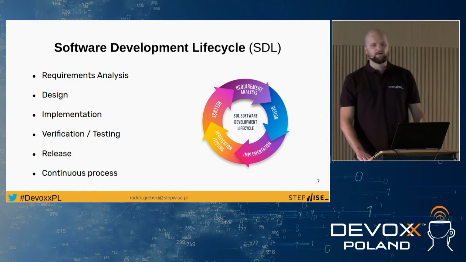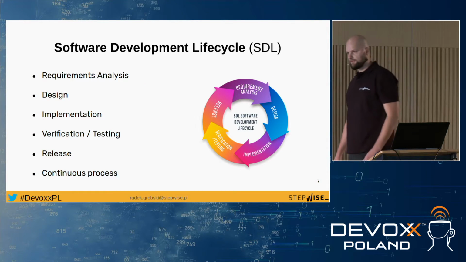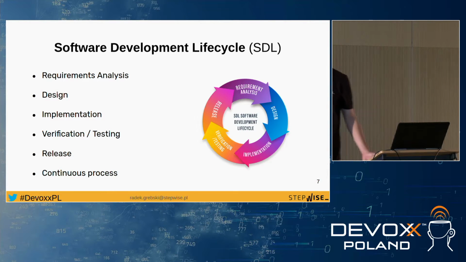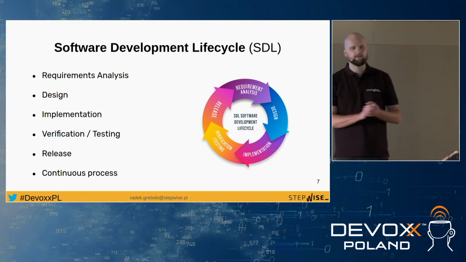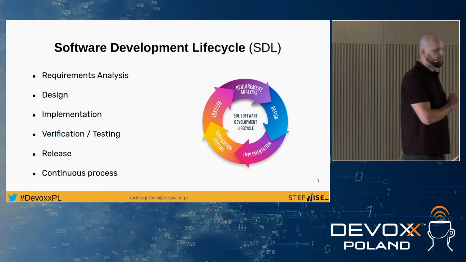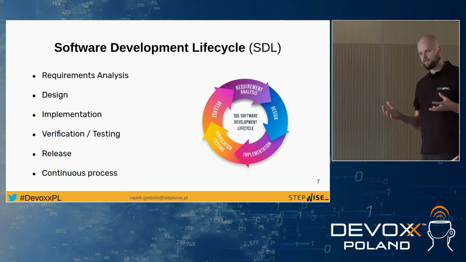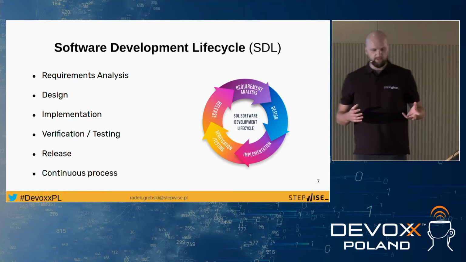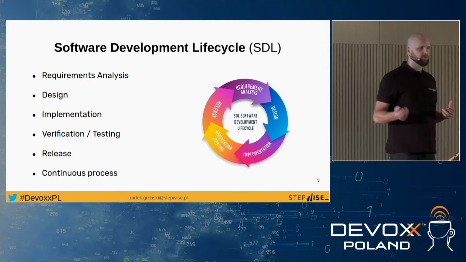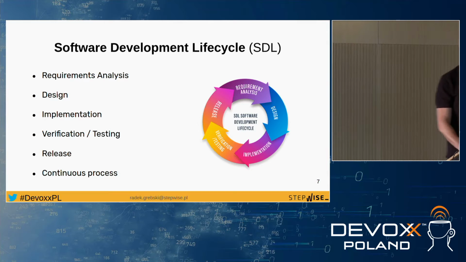Okay, so let's start with the software development lifecycle. It's simplified. We start with requirement analysis, we go through design, implementation, verification or testing, and we do the release. It's a continuous process in an agile way nowadays.